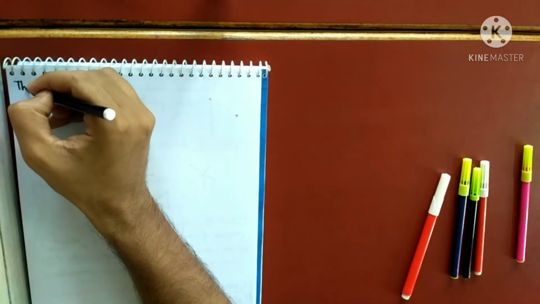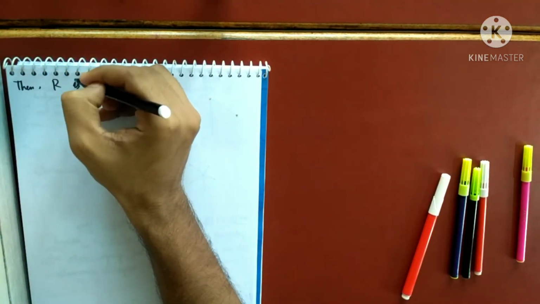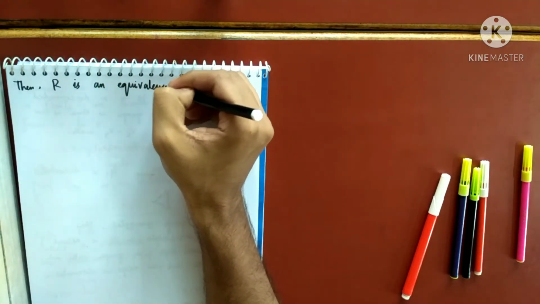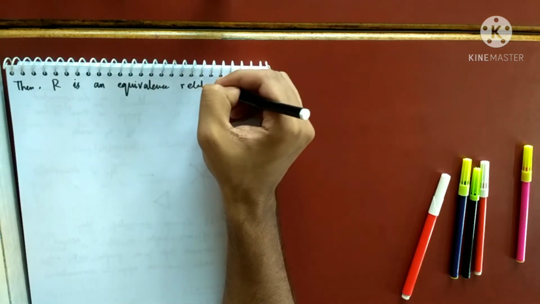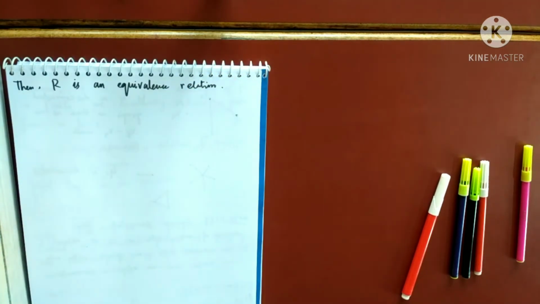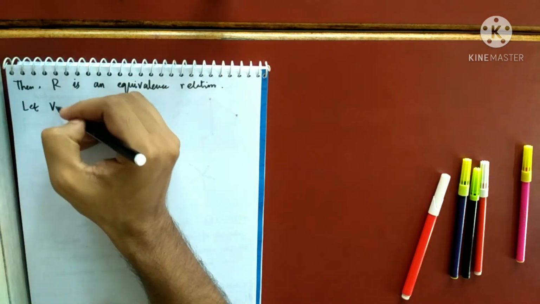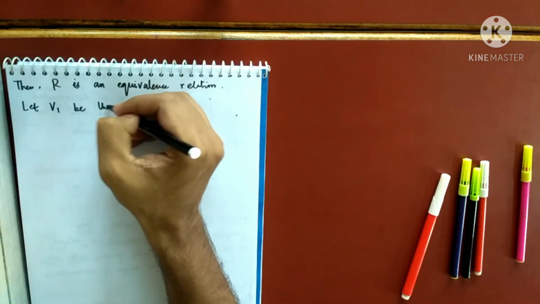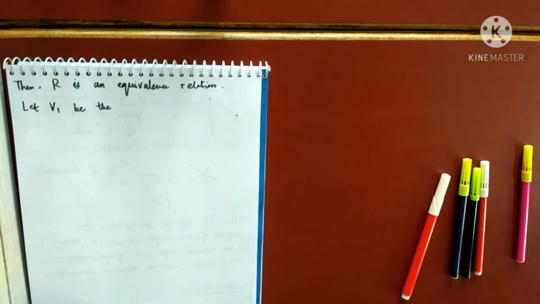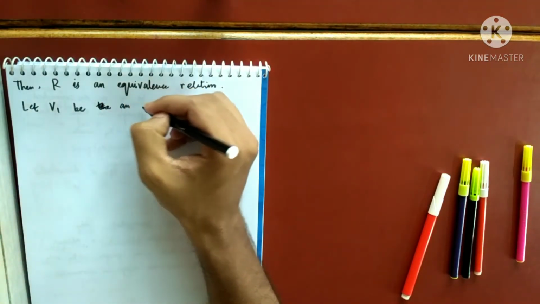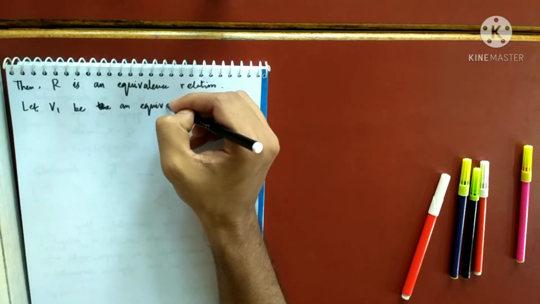Then R is an equivalence relation. Okay, already done. This one is done. So let V1 be an equivalence class.